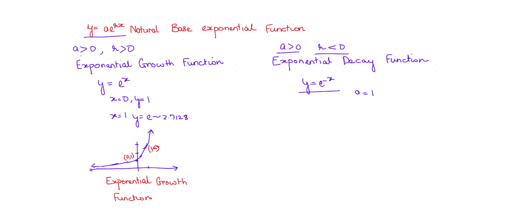In this function, when x is 0, y is equal to 1. And when x is 1, y will be e raised to the power minus 1, which will be 0.368. So the function would be like this.